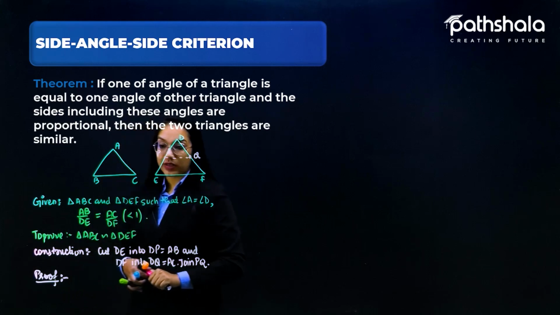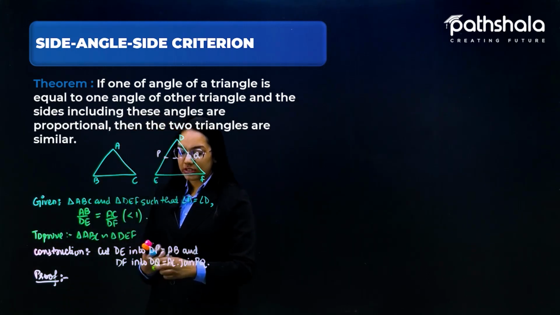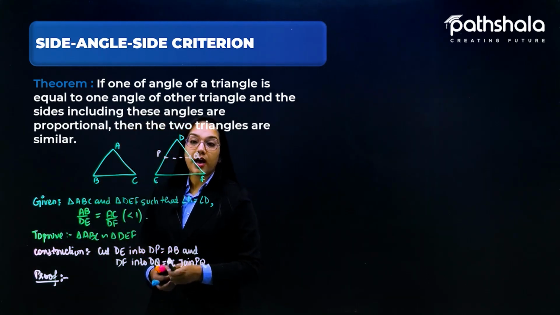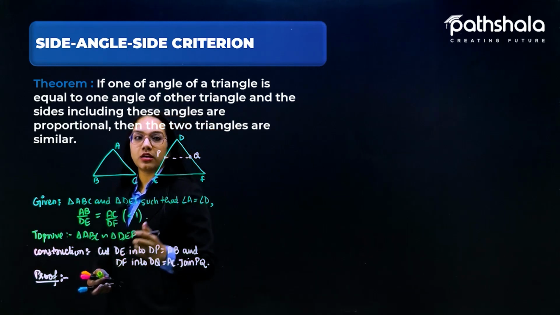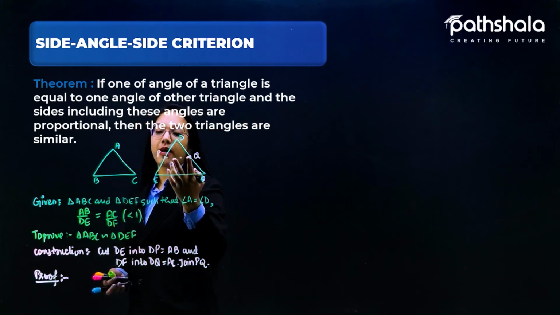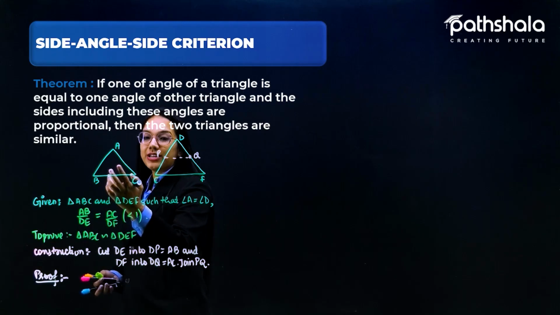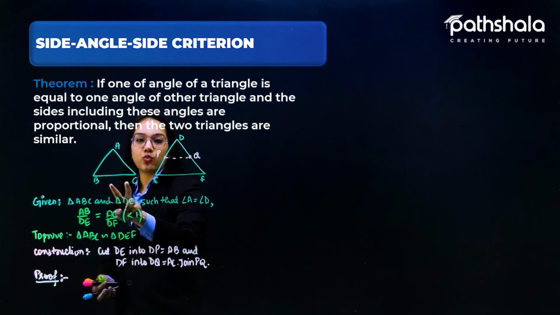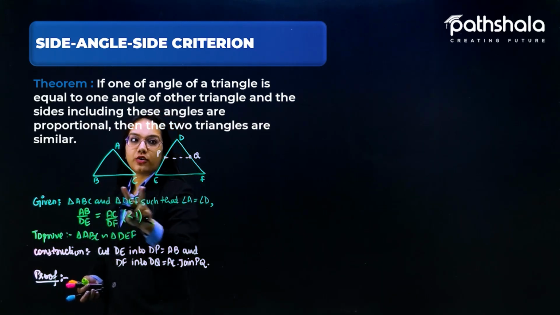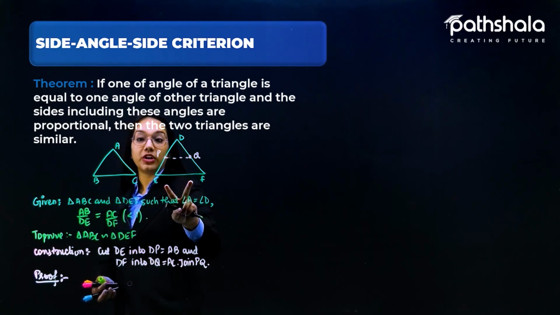As you can see, for the proof I'm starting with the two triangles, the triangle ABC and further the triangle DPQ, and we want to prove that these two particular triangles are similar to each other.